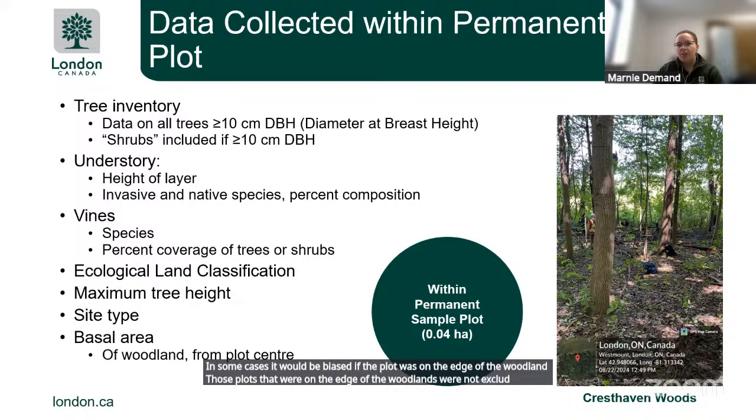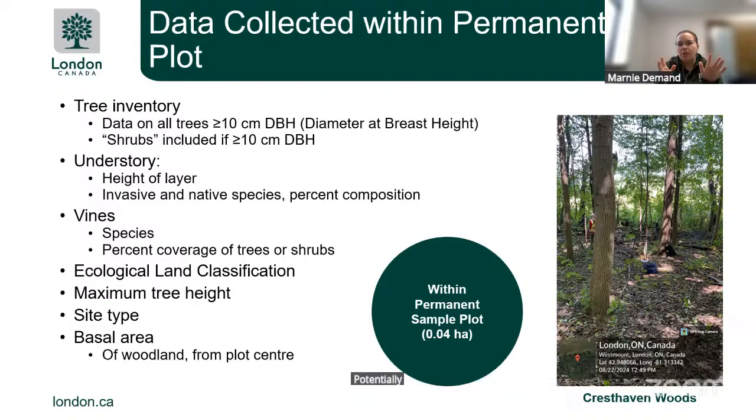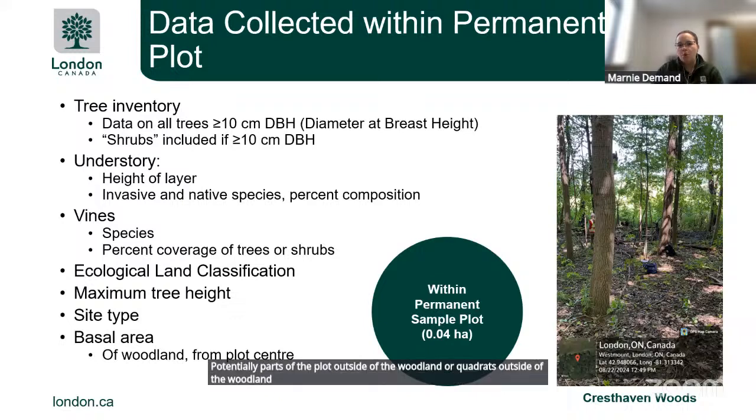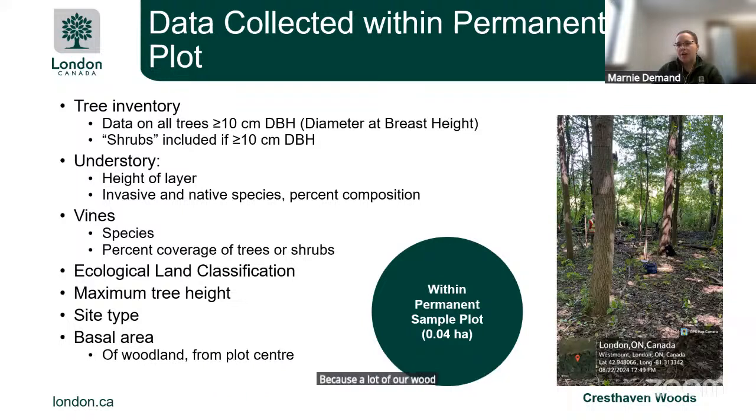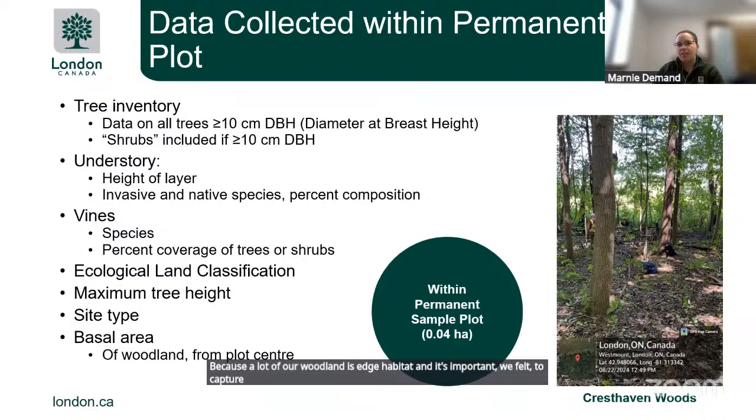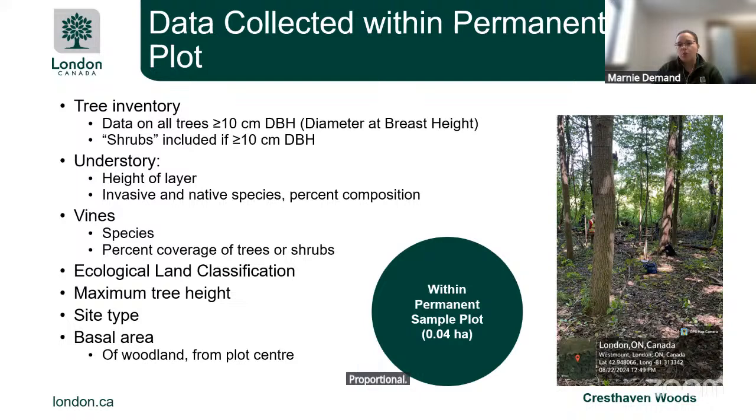We could have buffered the edges of the woodlands and not done any sampling where parts of the plot or quadrats would be outside of the woodland, but we decided to include those points near an edge, because a lot of our woodland is edge habitat, and we felt it's important to capture representative sampling of our woodlands, regardless of whether they were edge or middle of the woodland, approximately proportional to what we had.